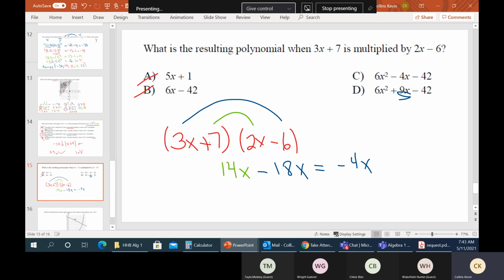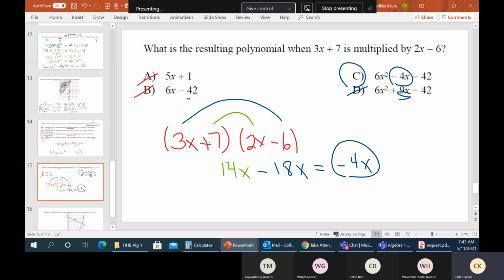We got minus 4x, so I don't think it's D. So if we crossed off A and B and it's not D, yeah, I guess we're left with C, right? So that's what you want. You always want to get this middle guy to match up. That's usually the key to any of these, is figuring out that middle guy.